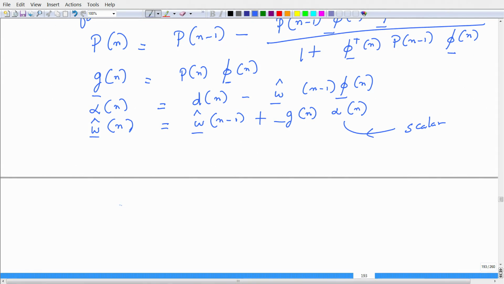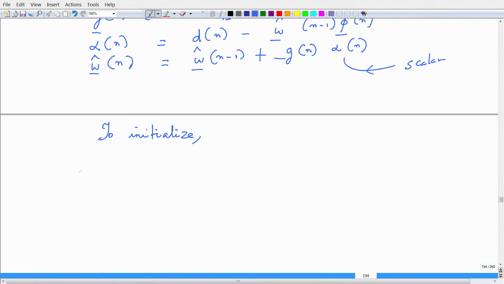So, to initialize, we need to set the following: set w hat 0 to be this 0 vector, and P of 0 is this matrix which is initialized to lambda inverse times I, where lambda is a small positive constant.